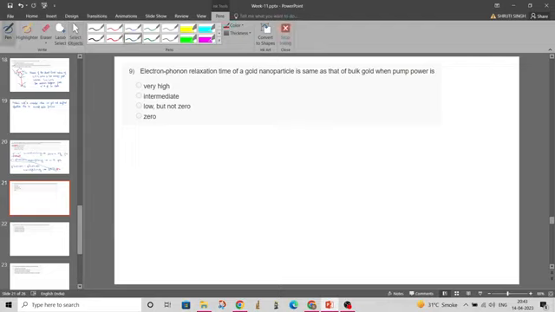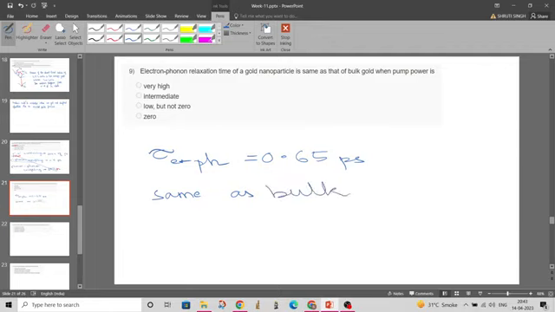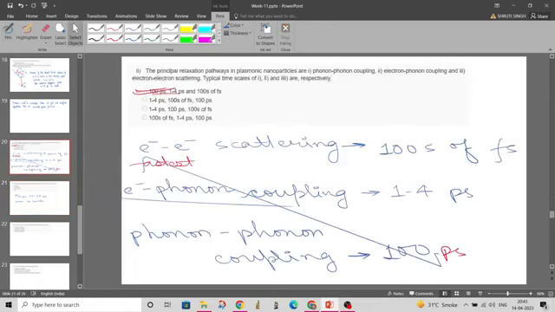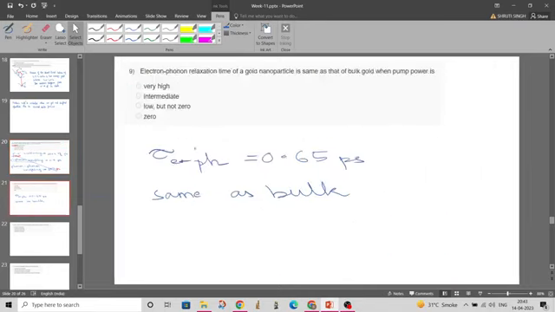So the electron-phonon coupling time is 0.65 picosecond, and this one is bulk gold at 0 pump power.